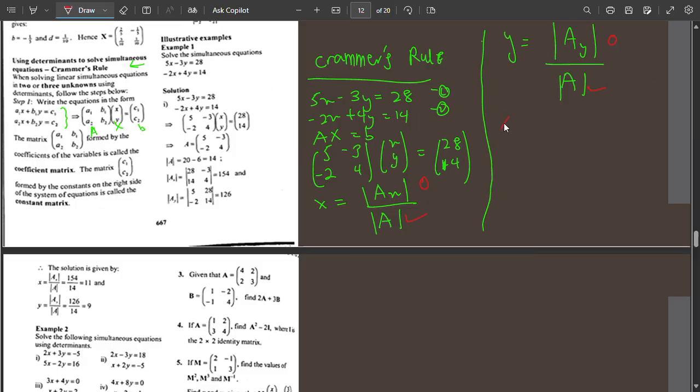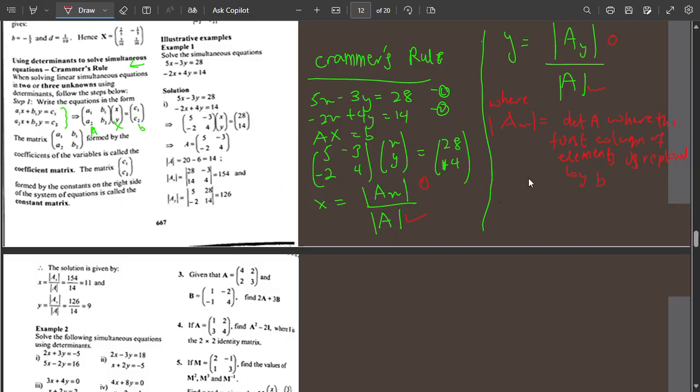So Ax is basically the determinant of A where the first column of elements is replaced by B. That's Ax.